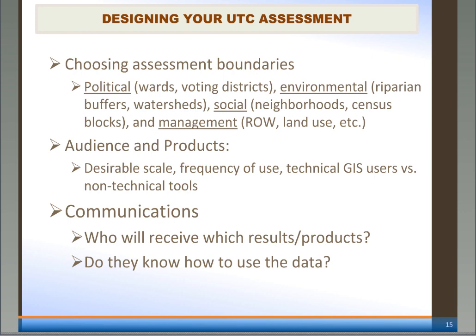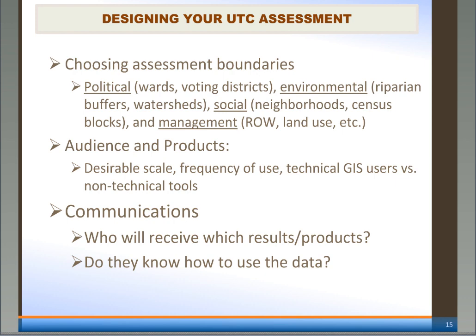And it's nice because there are 3 different scales of the census data that we can use. And then the last one I mentioned is a management category. So within our street rights-of-way, the ROW is right-of-way, as well as by different land use or zoning types. That influences certainly things from a management and a policy standpoint.